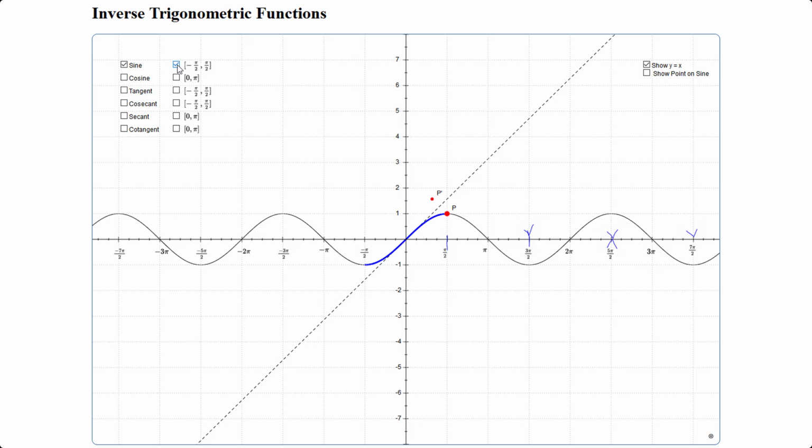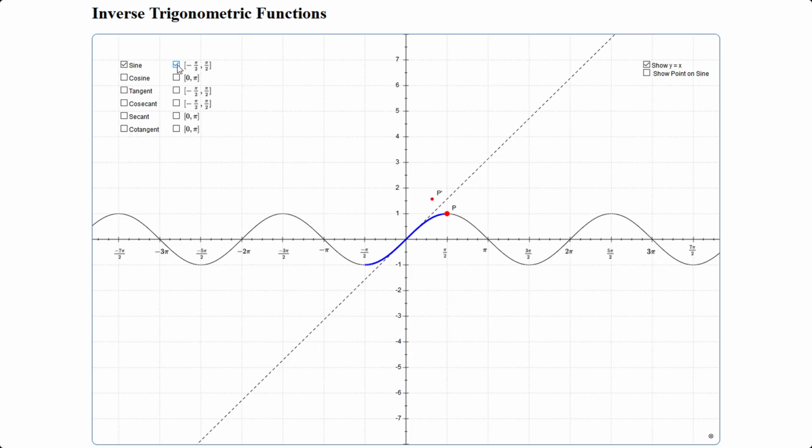Okay? So it's not y-axis symmetric, but it does possess what's called origin symmetry, which is another type of symmetry that we can work with in terms of defining a domain restriction in order to come up with an inverse function.